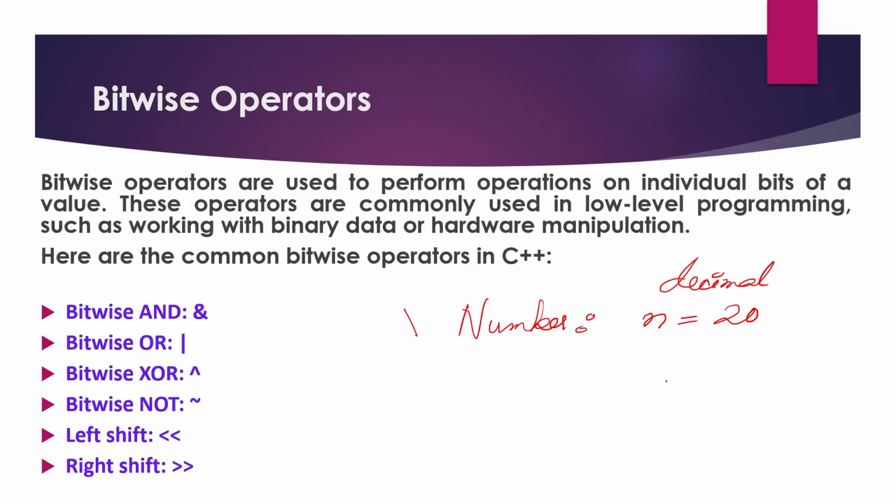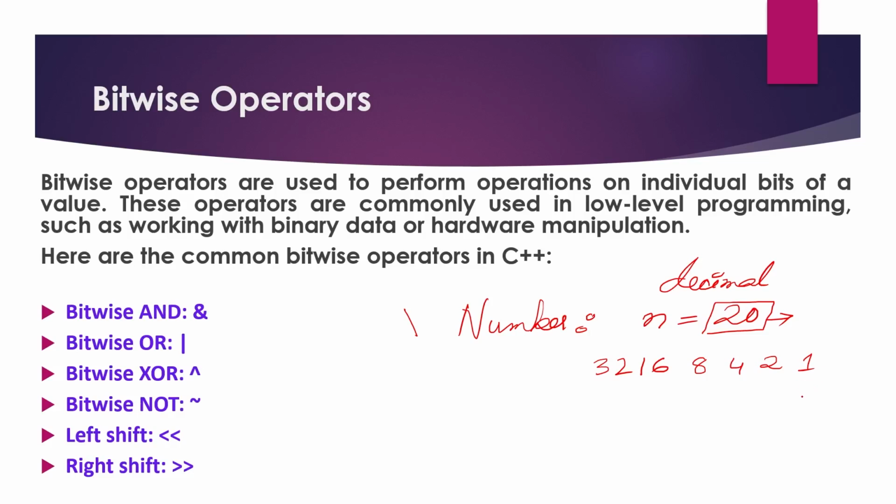For that, just remember this series of numbers: 1, 2, 4, 8, 16, 32, and it keeps on going, multiplied by 2. Whenever you have to represent any number in binary bits, you calculate the addition of certain numbers from this series.